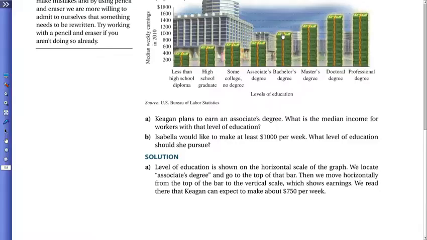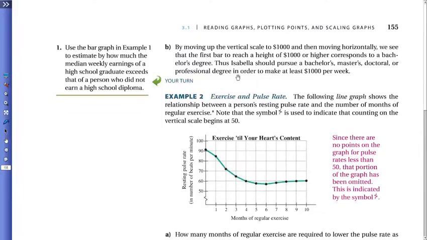But I think based on this, it hits 1,000, which includes that. So that's how they explain this part with the associate's degree, and so on for A. And then in B, it says moving up the vertical scale, we find 1,000, and we move over and we hit that bachelor's degree, at least that, and you could go higher.